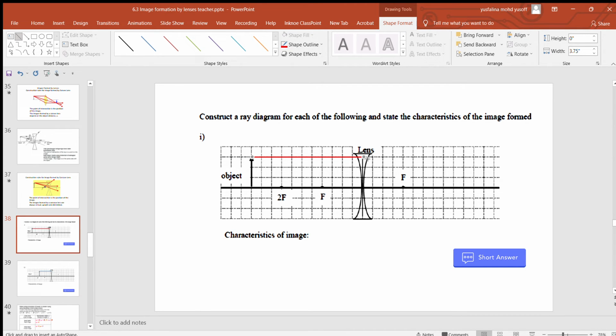So then this one will be diverged. After that it will pass through the F. Just make the line longer and pass through the F here like that. And the next one passes through the center here, like this.